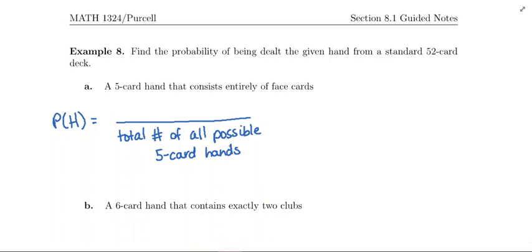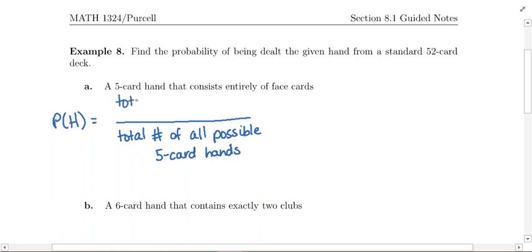So we've got to take a look at all the different possible outcomes, and those are all the possible different 5-card hands. The numerator is going to be all the outcomes that fit this bill, so it's all the 5-card hands that consist entirely of face cards.